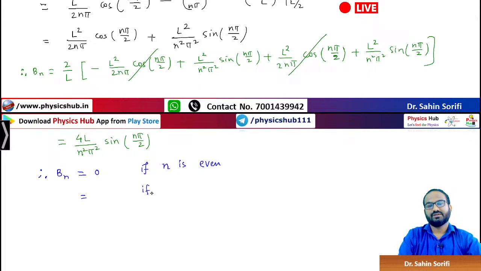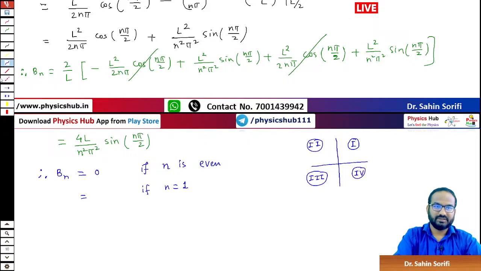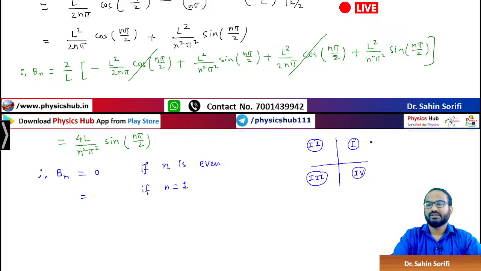Now let's say if you choose n is equals to 1, look, it is actually following from this first quadrant, second quadrant, third, fourth. You remember in your class 11, if you have read it, the formula is all sin tan cos, right?